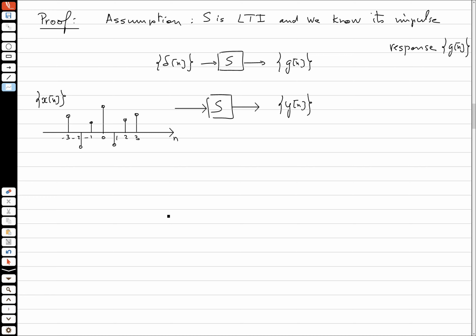From the x of n, I'm going to extract an input that looks like that. I'm going to make it 0 everywhere, except at 0. But at 0, I'm going to copy this value, which is x of 0.